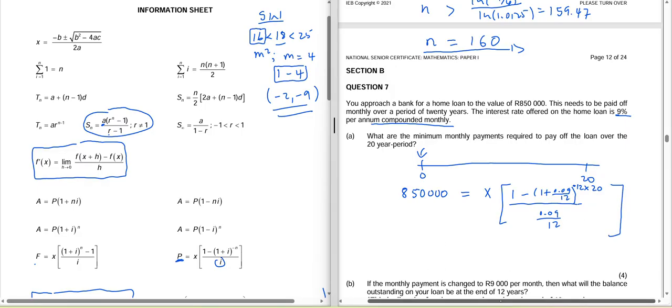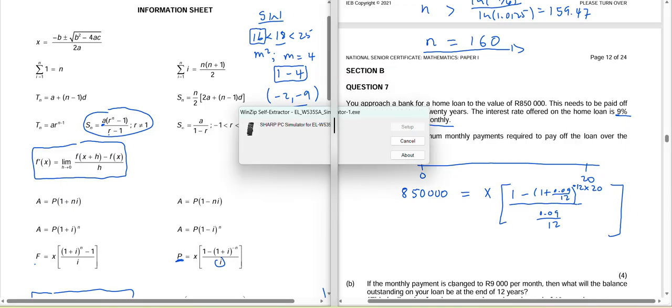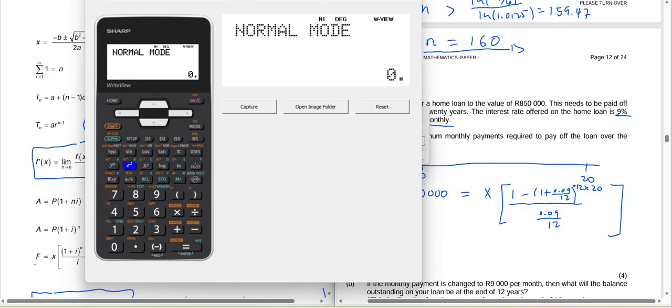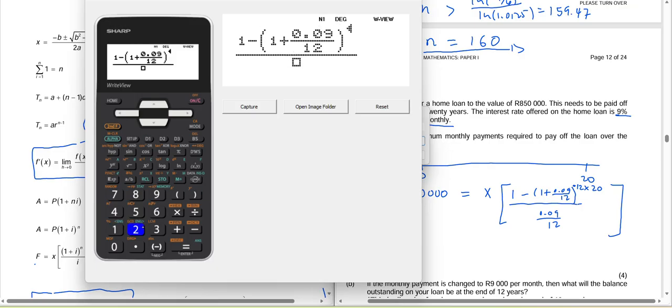And then we need to get our value. So here we're going to say 1 minus 1 plus 0.09 divided by 12, raised to the power of minus 12 times 20, divided by 0.09 divided by 12.